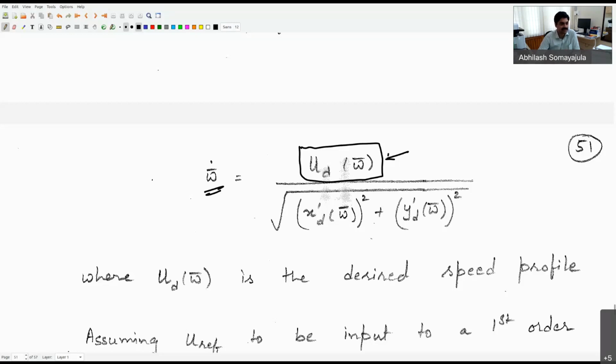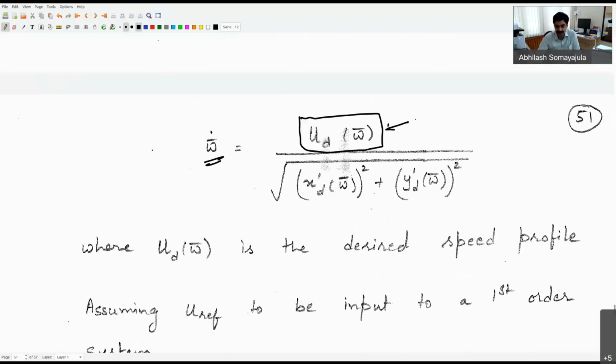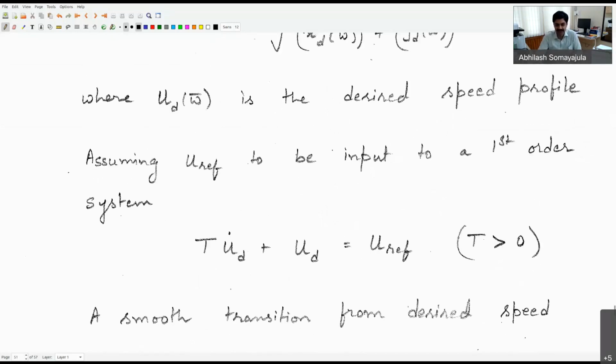Okay, excellent. Now when we are looking at a practical implementation, we might be interested in this desired value along the path variable being governed by some first order differential system, where I am saying this u_d will vary very slowly depending on my input u_ref.